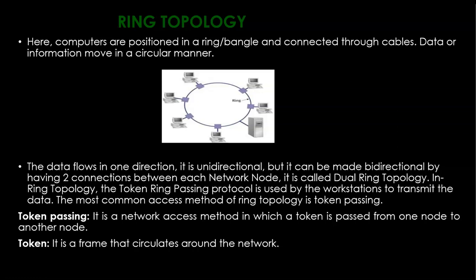In ring topology, the token ring passing protocol is used by the workstations to transmit the data. The most common access method of ring topology is token passing. Token passing is a network access method in which a token is passed from one node to another node. What is a token? It is a frame that circulates around the network.